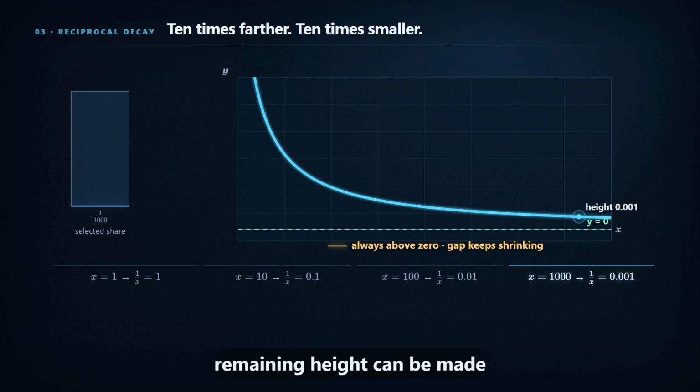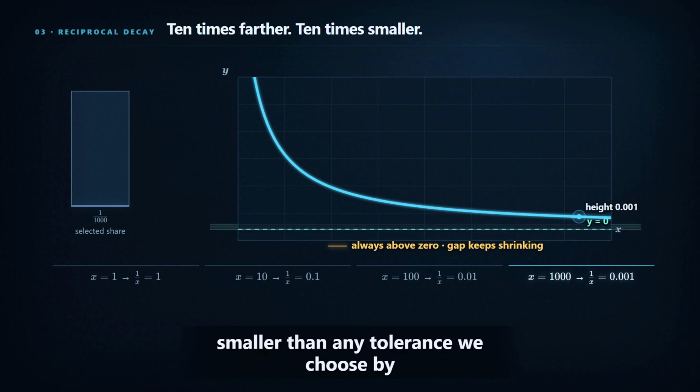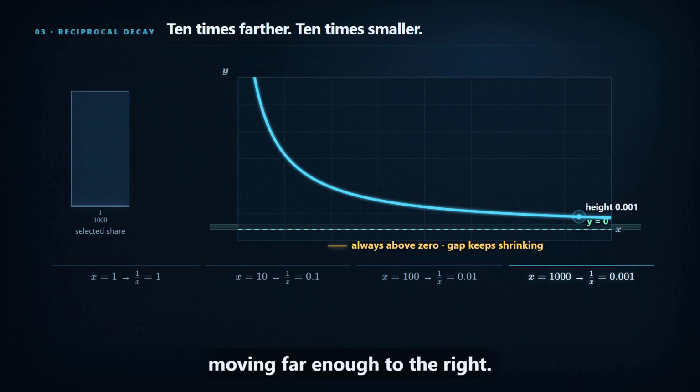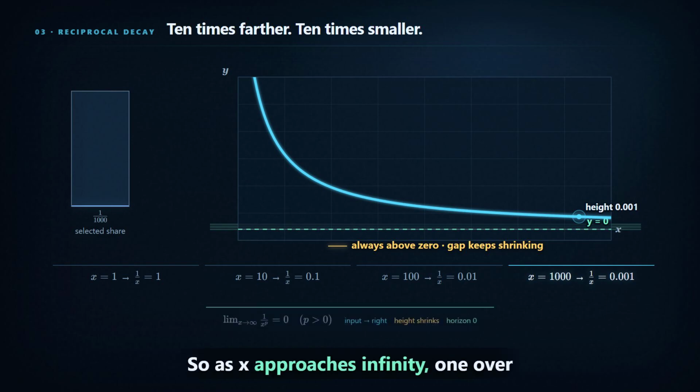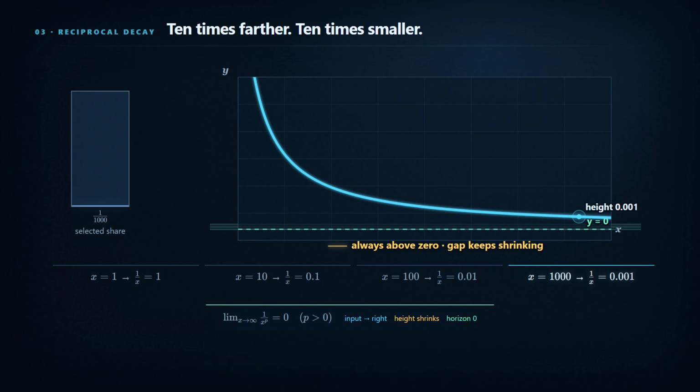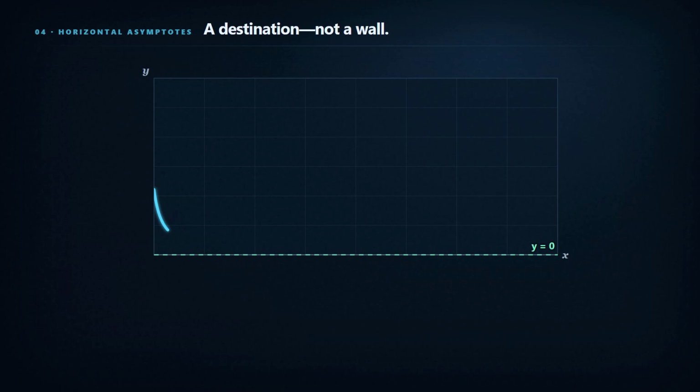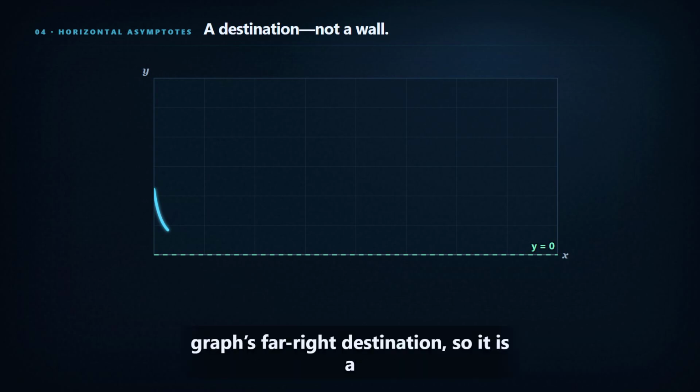Its remaining height can be made smaller than any tolerance we choose by moving far enough to the right. So as x approaches infinity, 1 over x approaches 0. The line y equals 0 describes the graph's far right destination, so it is a horizontal asymptote.